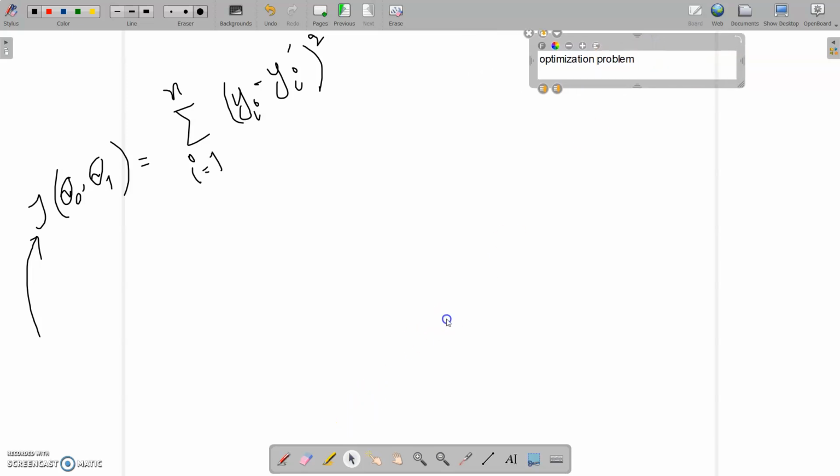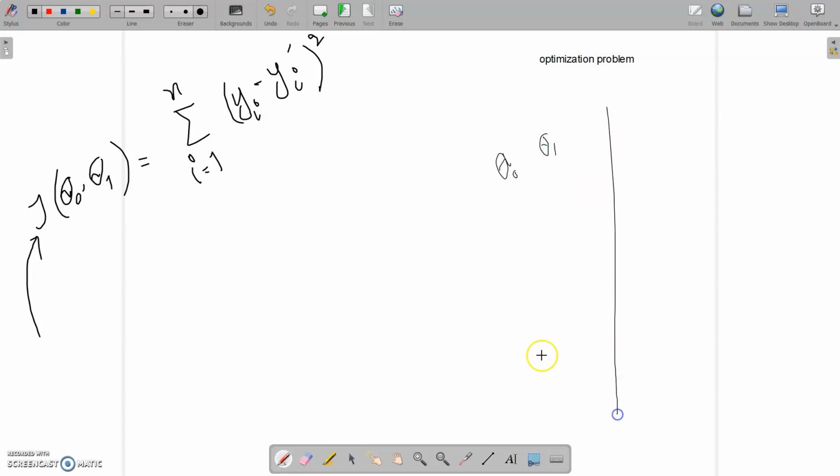So for this kind of scenario, let's try to understand. Say, for example, you start with a random value of theta 0 and theta 1. Let's say the points are like this.